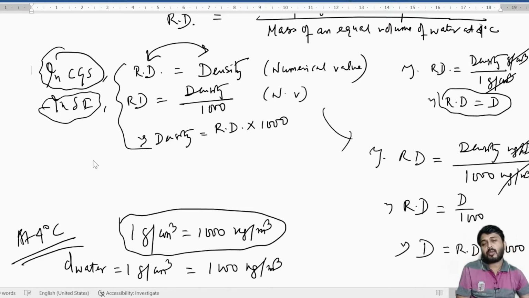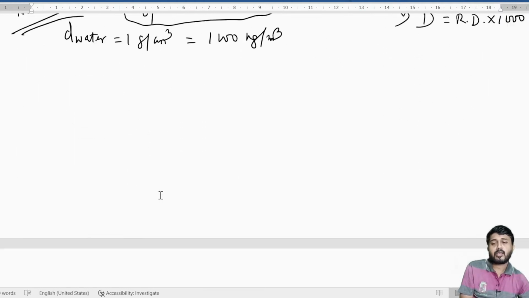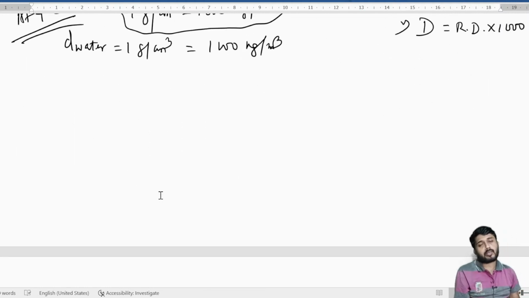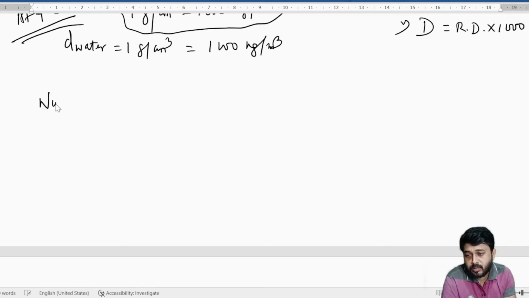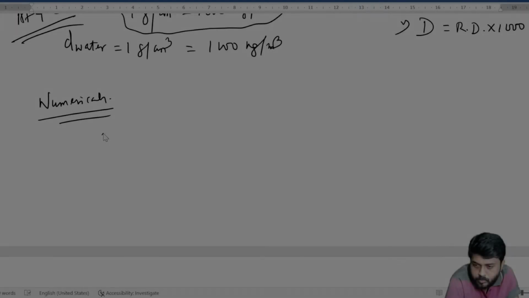Now I'm coming to solve a little bit of numericals on this topic, simpler ones, which are of class 8 standard. Numericals.